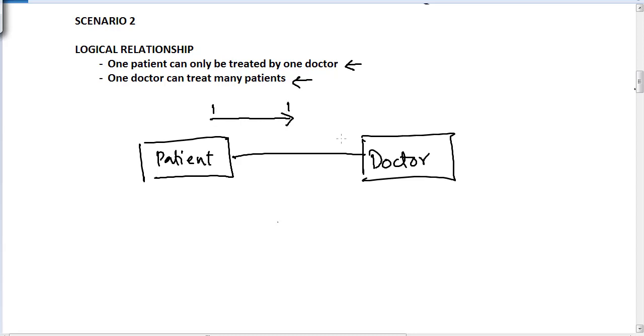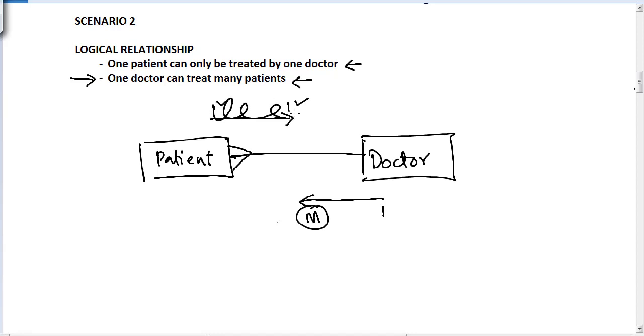So we don't really need to show anything here, right? On the diagram, no symbol. For one, we don't actually need to draw any symbol, right? And so we've defined the forward relationship. We don't need to mark anything on the diagram, but let's take a look at the backward relationship. So one doctor can treat many patients. Looking this way, one doctor can treat many patients, right? So this many part needs to be drawn here, right, on this side, and that's our diagram.